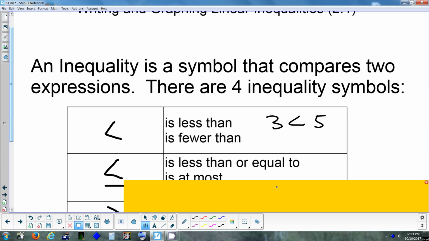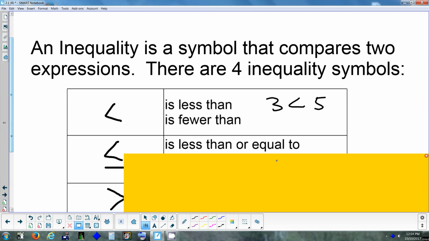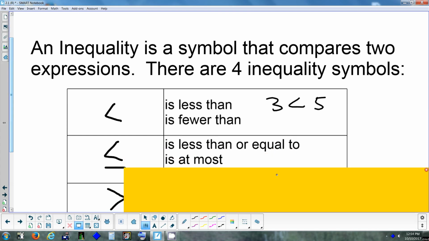This one means is less than or equal to. But another way you can say it is this phrase, is at most.